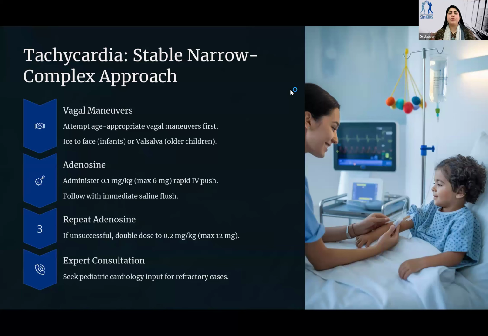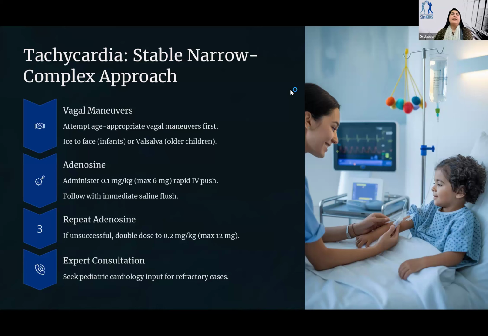You need two people, one giving adenosine, one giving normal saline flush, preferably 10 ml, and then you coordinate, give adenosine, give flush, and raise the arm up. This is considered the proper administration of adenosine so that it will reach the heart as soon as possible. Yes, near to the heart.